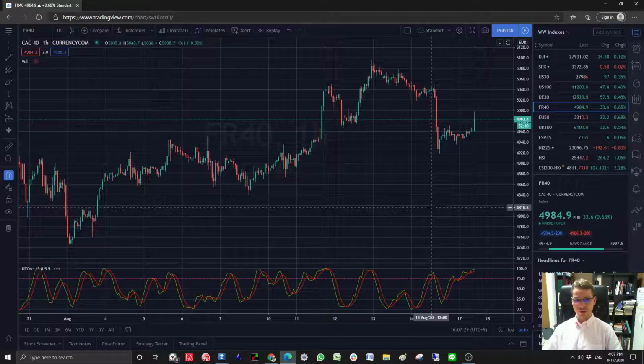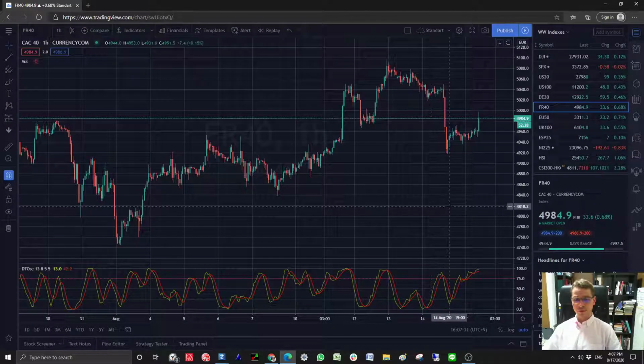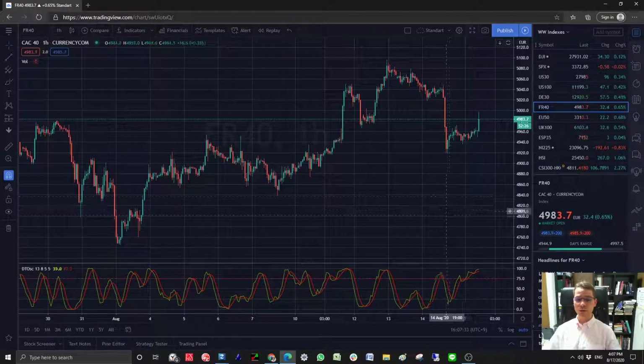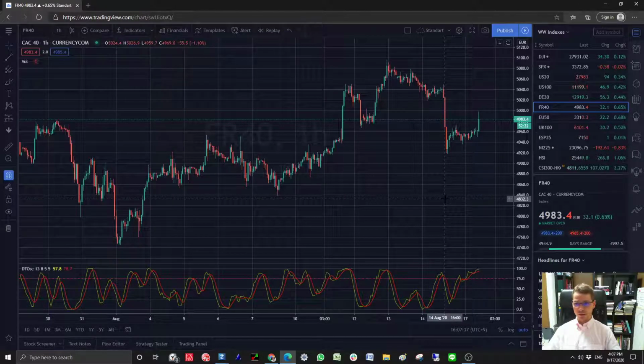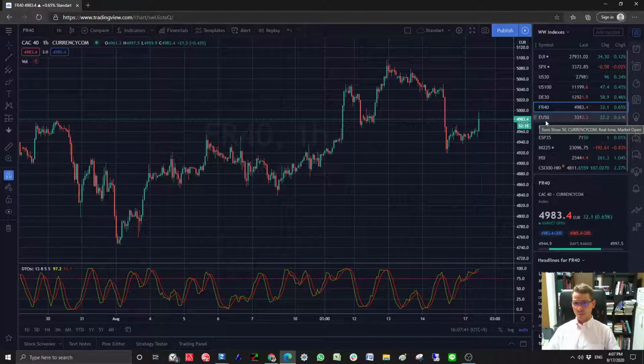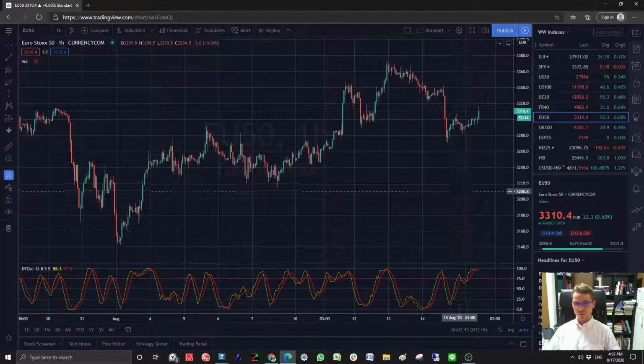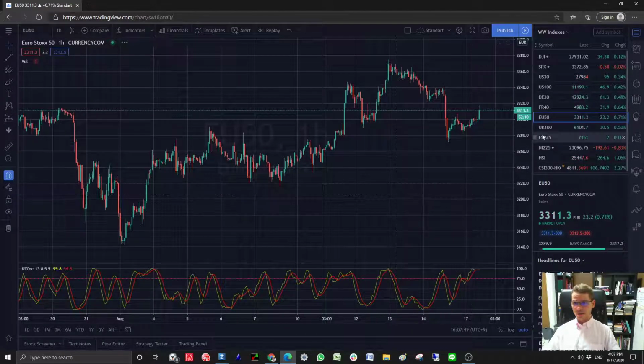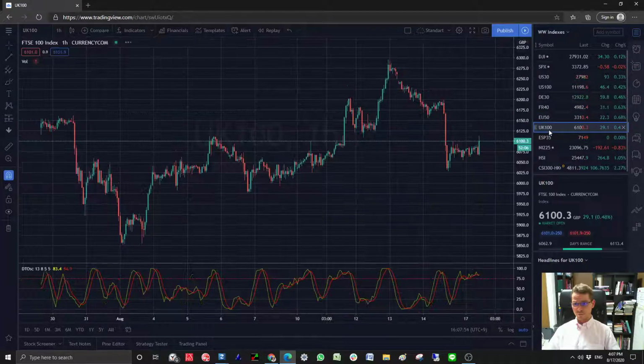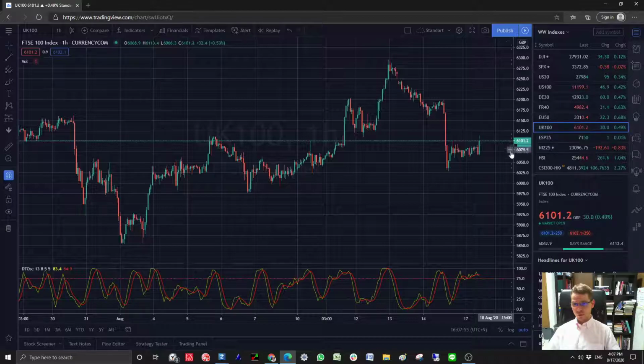The French index, same thing. Usually the indexes in Europe move in a similar way. There are a few divergences among them, but in general they move the same way. This is the EU 50 index. Then we have the UK 100.